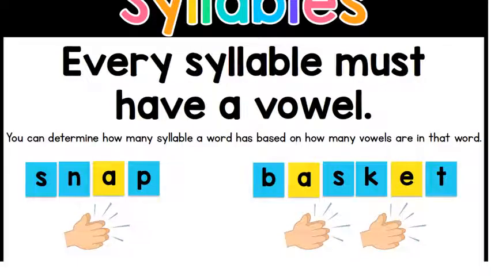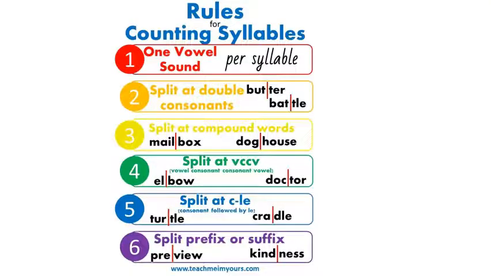Every syllable must have a vowel. So snap has only one vowel. Snap. That is 1 syllable. Basket. There are 2 vowels, 2 syllables. So these are some of the rules for counting syllables. 1 vowel sound per syllable. A syllable should only have 1 vowel sound.